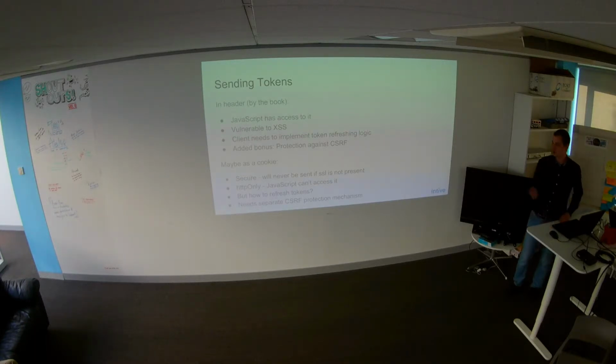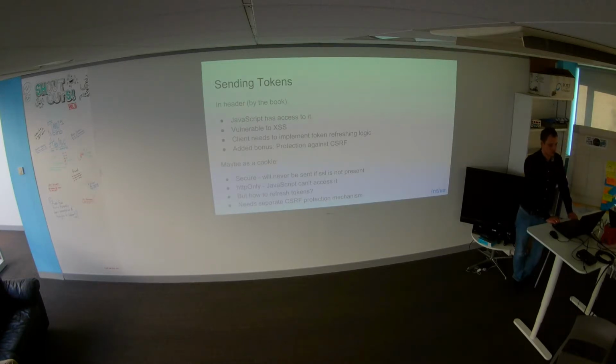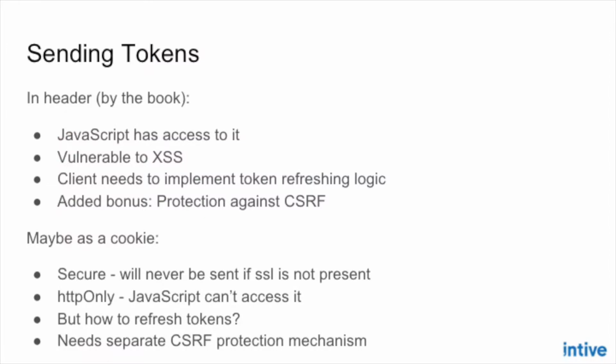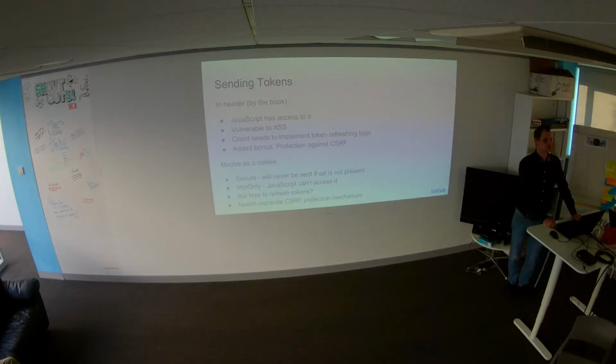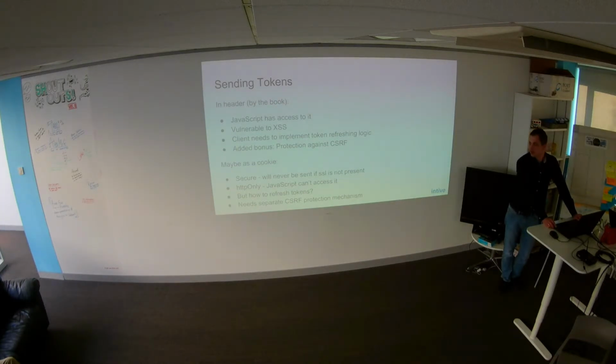The problem is also the token refreshing logic, if you are doing it by what the OAuth specifications say. But the bonus is that cross-site request forgery protection is out of the box, because JavaScript already adds something to the header, the token, and you are safe against cross-site request forgery. But what if I were sending a token in a cookie instead?